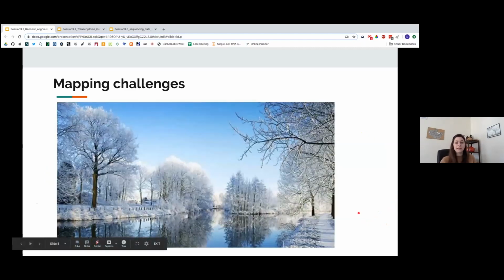So just another analogy to go through this, it's like we in the Garber lab, we love assembling puzzles. And I had a really hard time the other day that I was trying to assemble one that was composed of snow. So this is just to illustrate, it's kind of similar to when we try to map something to the genome. You have this puzzle image, which is basically composed of 4 colors, blue, white, and so on.